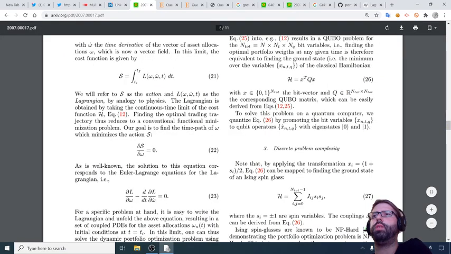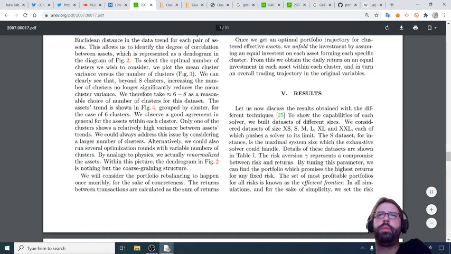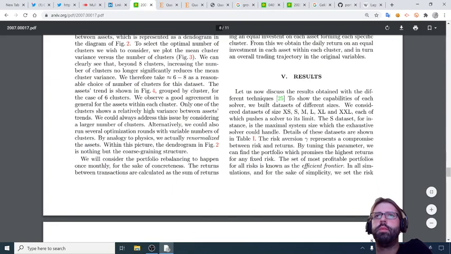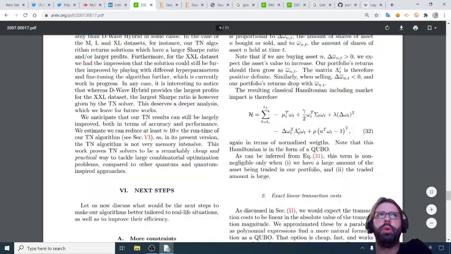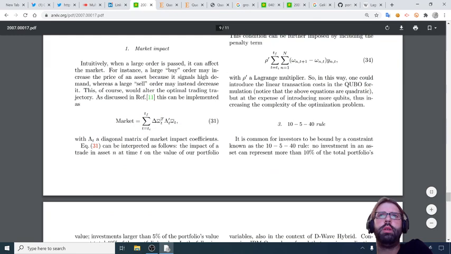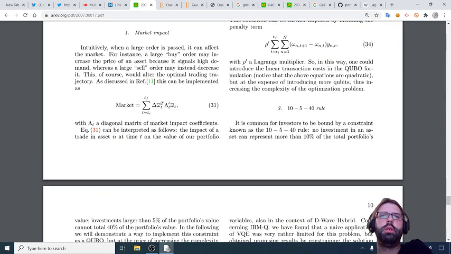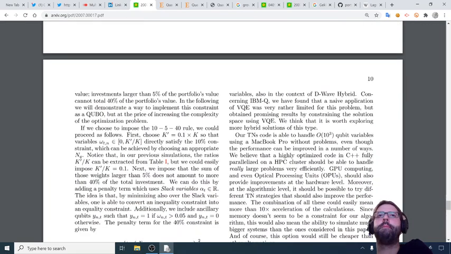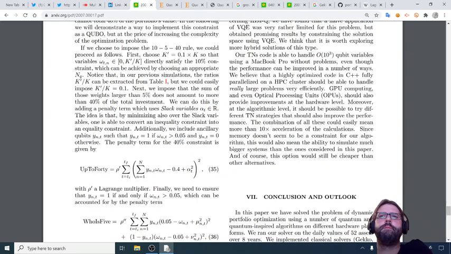In the results, do we have some kind of references, maybe they have some code somewhere available. Outlook.